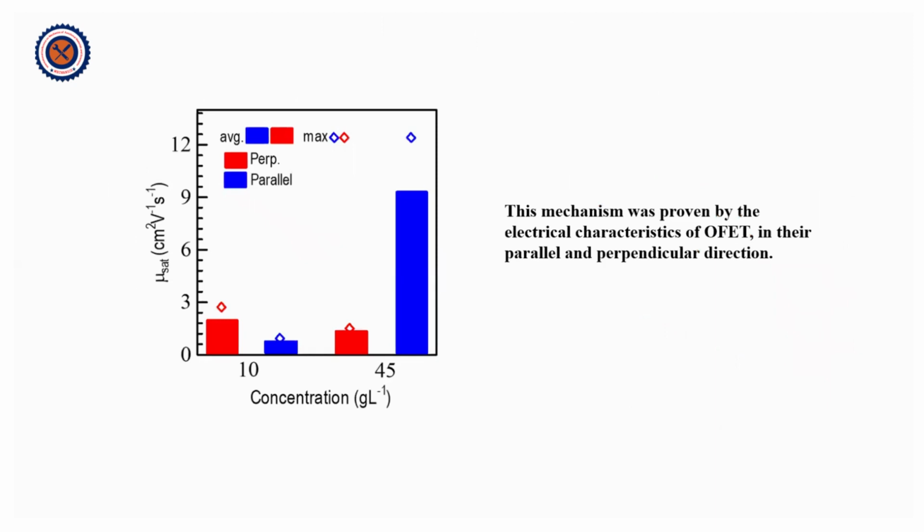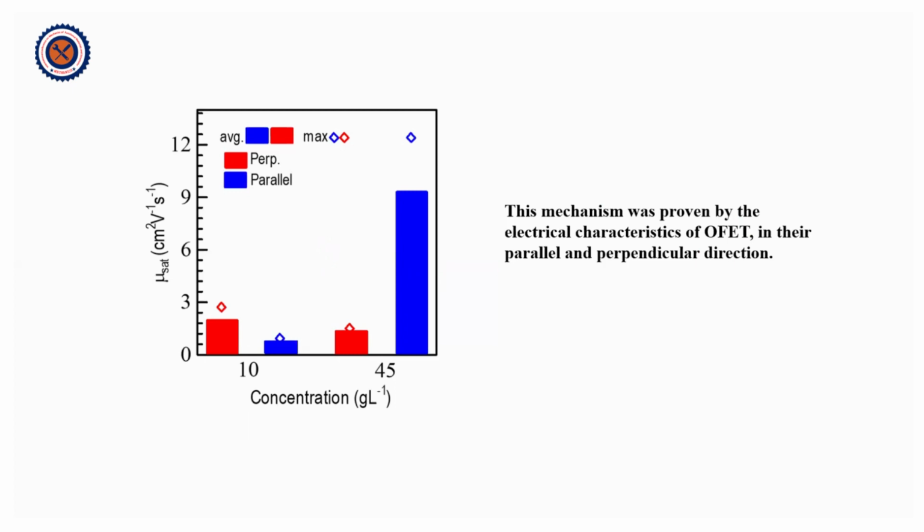This is a comparative table describing the mobilities of the two different types of polymer solutions. In 45 gram per liter, we have achieved a mobility of around 12.4 to 12.5 centimeters square per volt second, as compared to the 10 gram per liter polymer solution, where the mobility was around 2.5 to 2.6. So the mobility in 45 gram per liter is much higher as compared to its counterpart.